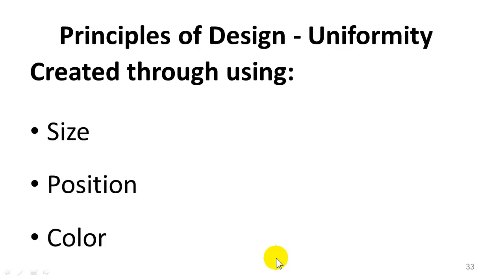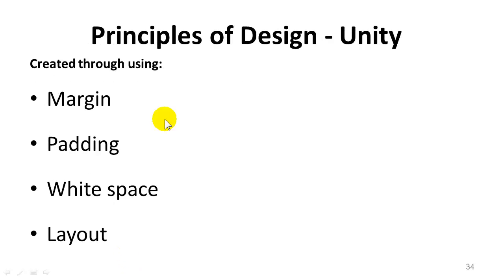We create uniformity in many ways, the same way we create contrast with size, position, color, by keeping certain elements of our layout uniform. By using consistent margins, padding, white space, and layout, we create the feel that our document is unified.